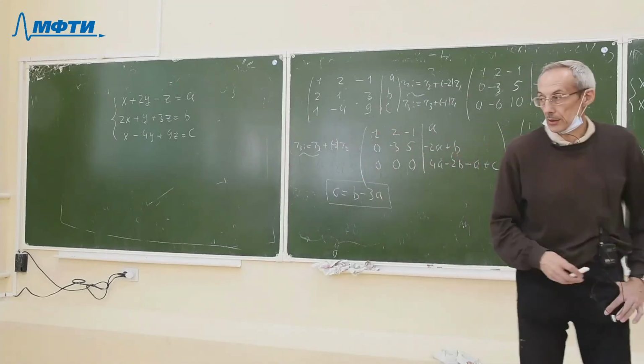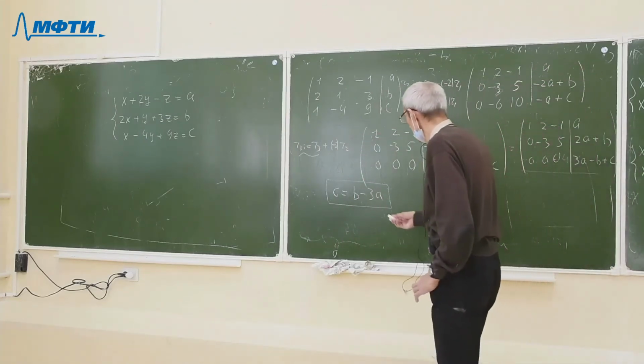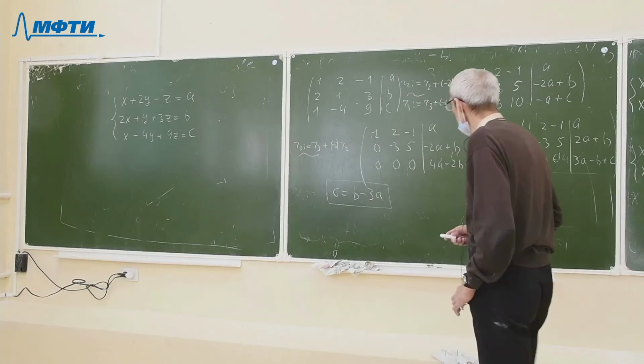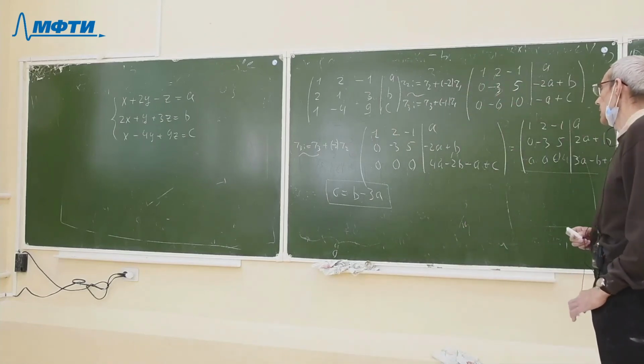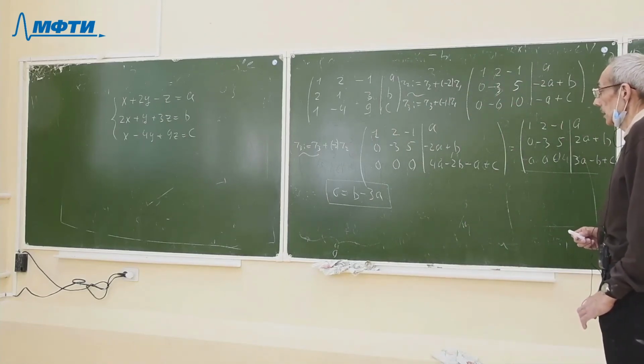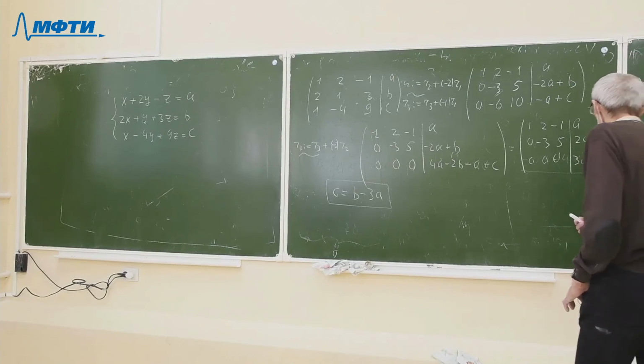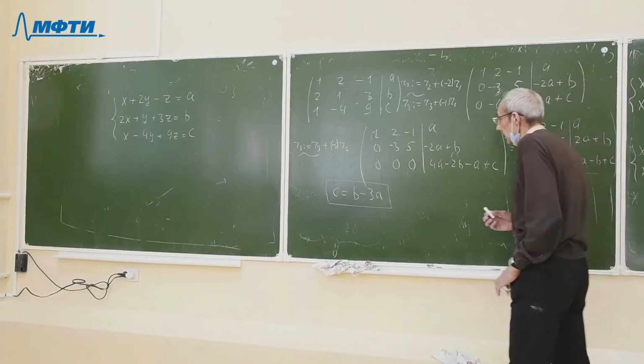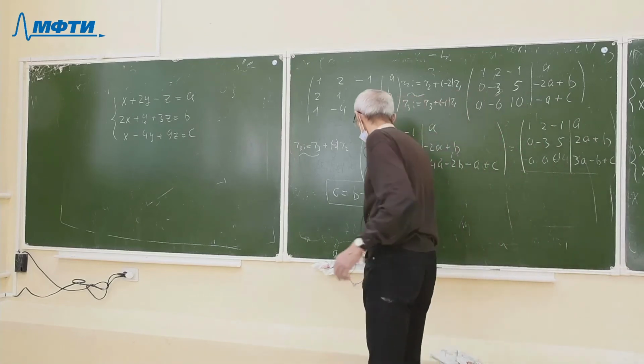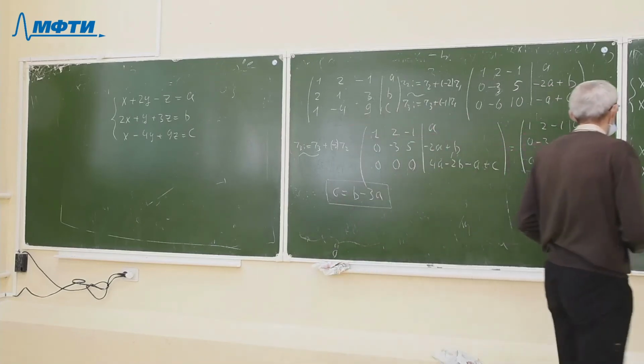But the values of the parameters b and a can be chosen as arbitrary real numbers. After that we can obtain the solution of this linear system.